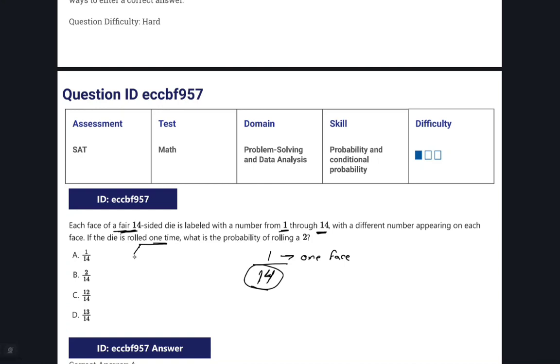And you are given that it is rolled only one time, although even if it were rolled more than one time, the probability that you're going to get a 2 is going to be just the same, 1 over 14, regardless of the number of rolls. So the final answer is A, 1 over 14. Of course, it's not 2 over 14, nor 12 or 13.